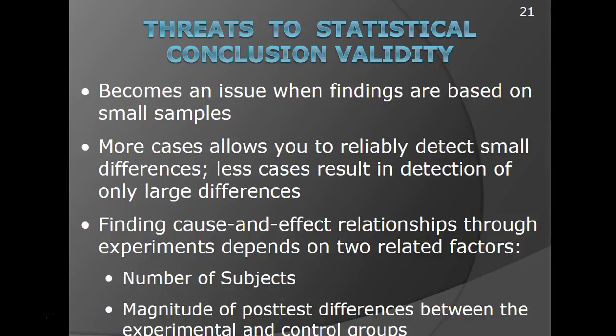We want to find the cause and effect relationship. And when you're using the experimental design, it depends on two related factors, and that's how many subjects you have, we just talked about, and the magnitude of post-test differences between the two groups. So if there's a huge difference and it's significant by testing our statistics, then that gives us a result.